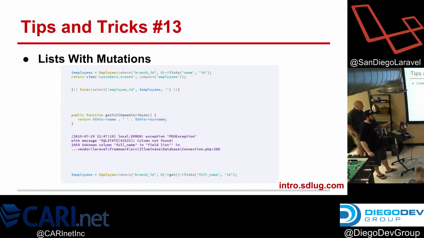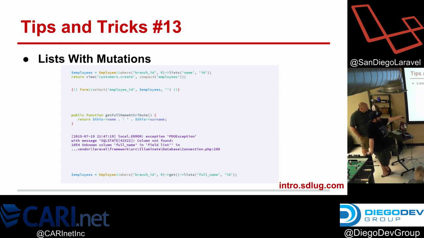So if you're looking for mutated calls on your lists, then just remember to list after getting instead of listing before getting. Is that by convention, or how does it know the full name? Is it calling the function, and how does it know? So before you call get, this area here is working with the query builder object.